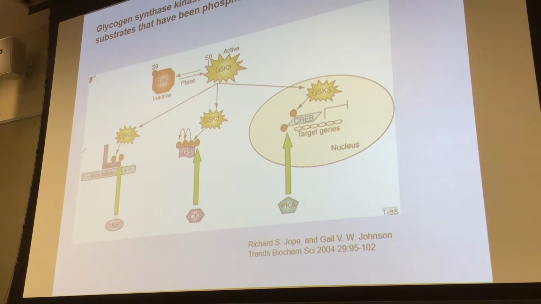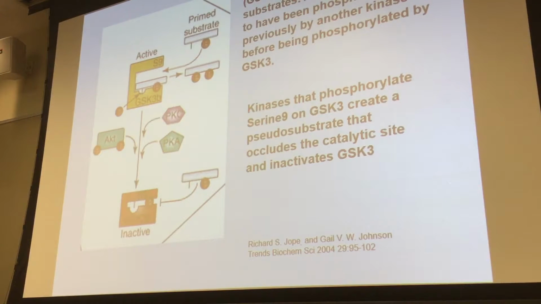CREB was that little protein that was activated by PKA in the nucleus for regulation of gene transcription. And once PKA phosphorylates CREB, then glycogen synthase kinase can phosphorylate it as well. So we really see that it works hand in hand. It augments any activities that may have worked in advance.